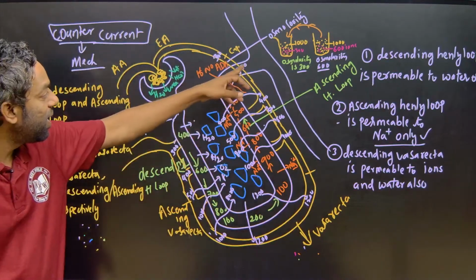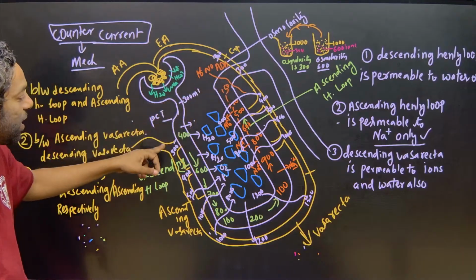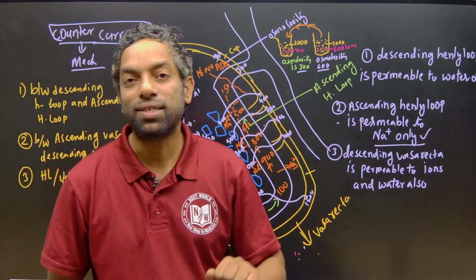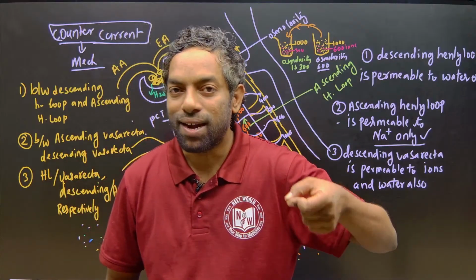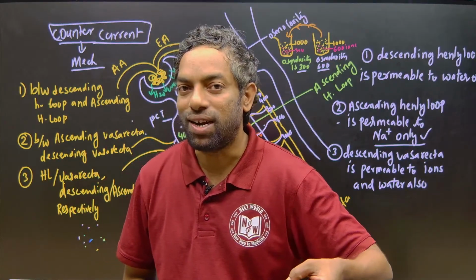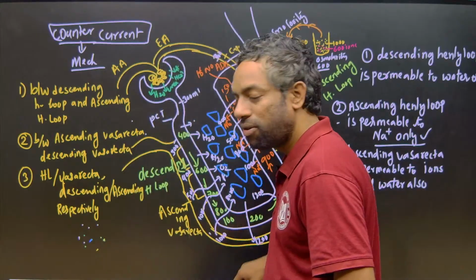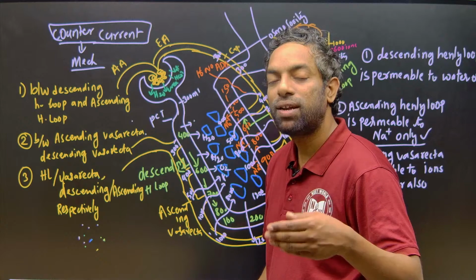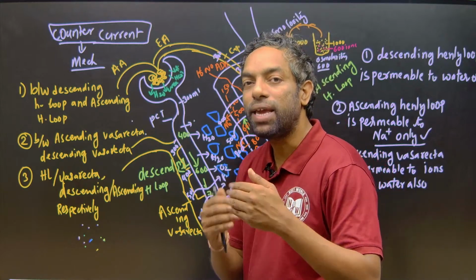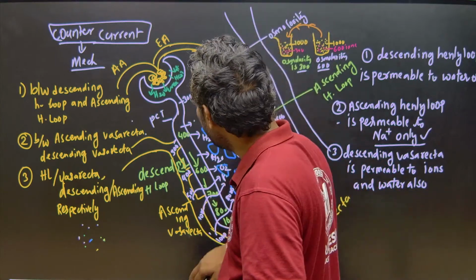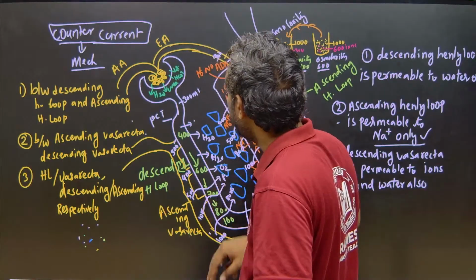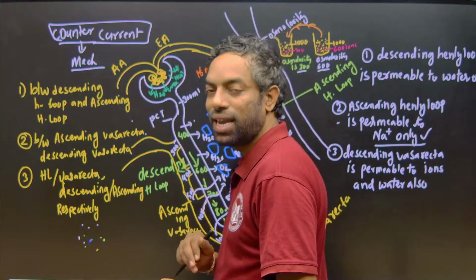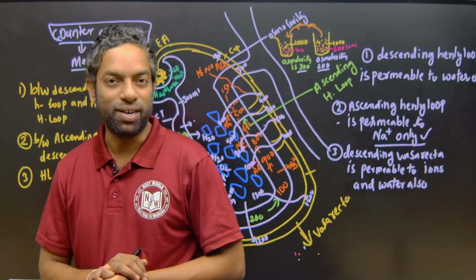Where the 300 started, here 300 ended. In the descending Vasa recta, the 300 osmolarity starts up to the Henle loop. Finally they reach 1200, where the concentration gradient will be equal, and the ions are removed into the medullary interstitial fluid, finally reaching the same 300 osmolarity.